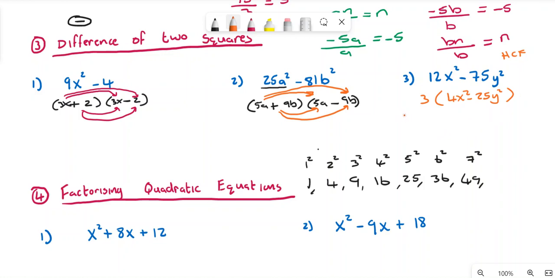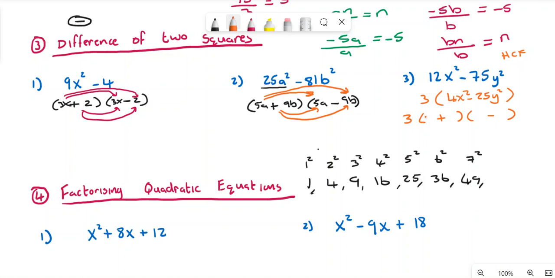So we'd put our 3 out here, and then we'd open up our two brackets. So we'd have the factors of this 4x squared, and we put our plus and our minus.